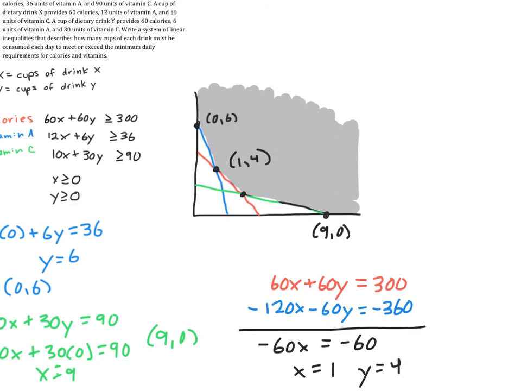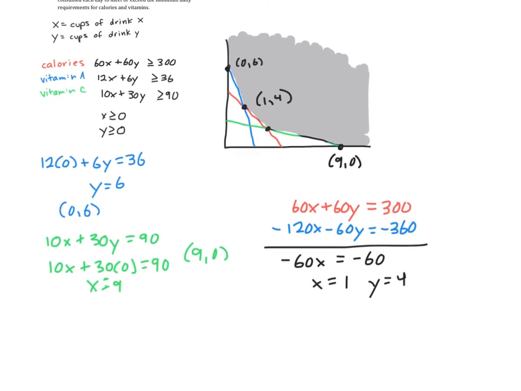And then for our last one, you can see that we have the intersection of red and green. So let's keep our red equation the same here. And then for our green equation, we can multiply it by negative 2, so negative 20x minus 60y equals negative 180.